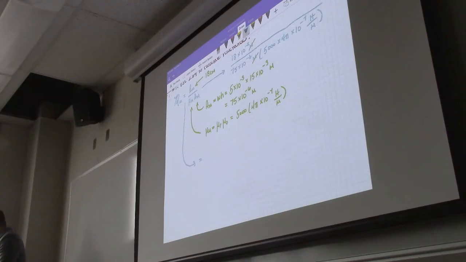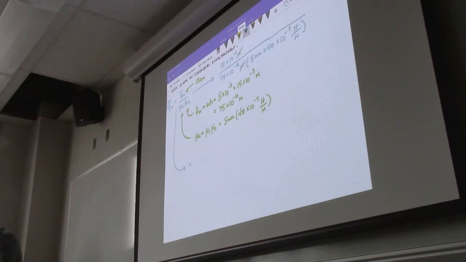Wouldn't it be meters squared for the area? Ah, yes. So you should end up with just 1 over, and then, so that means there's a meter squared there.